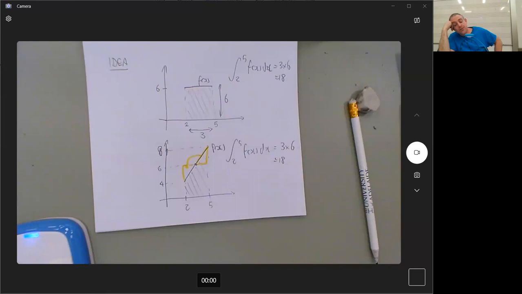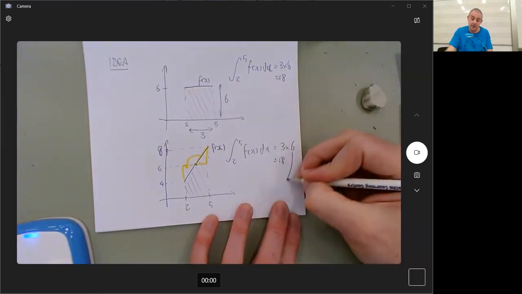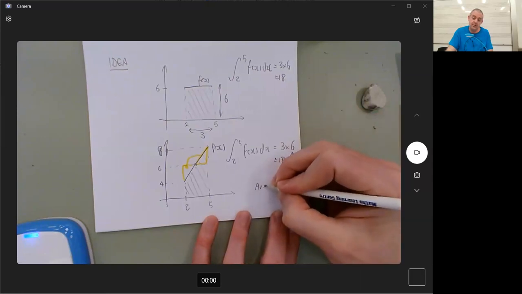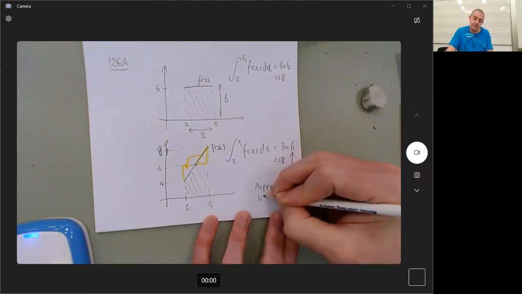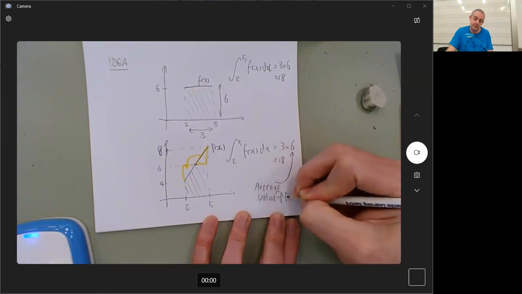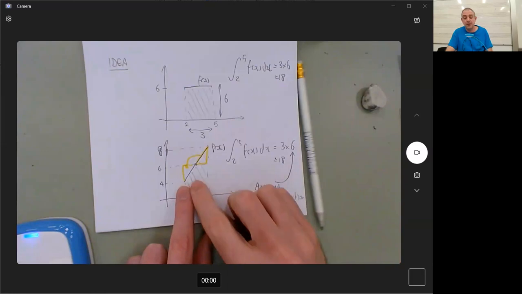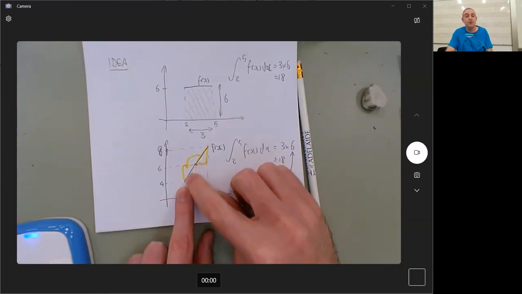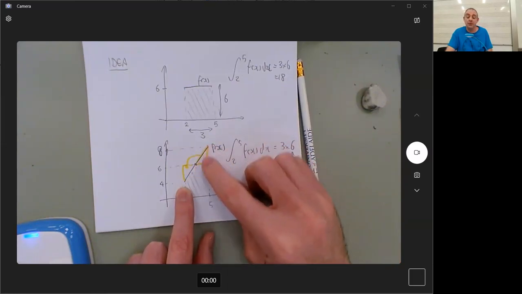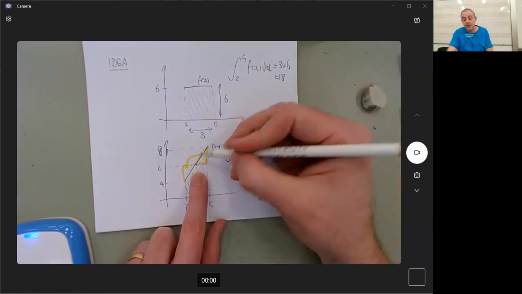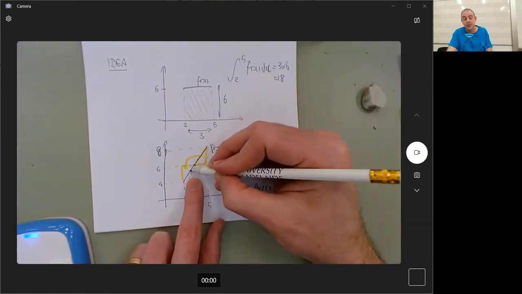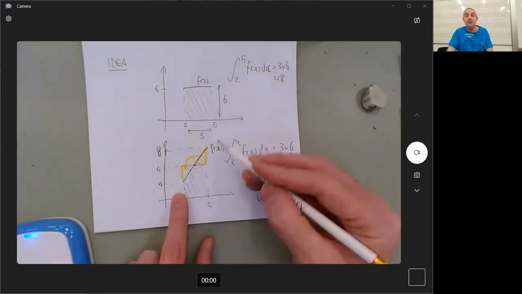So that number 6 in the middle is the average value of the function, because it spends just as much time being below 6 as it does above 6. For every one that's a little bit above 6, there's a matching one that's a little bit below 6. It's the average value.